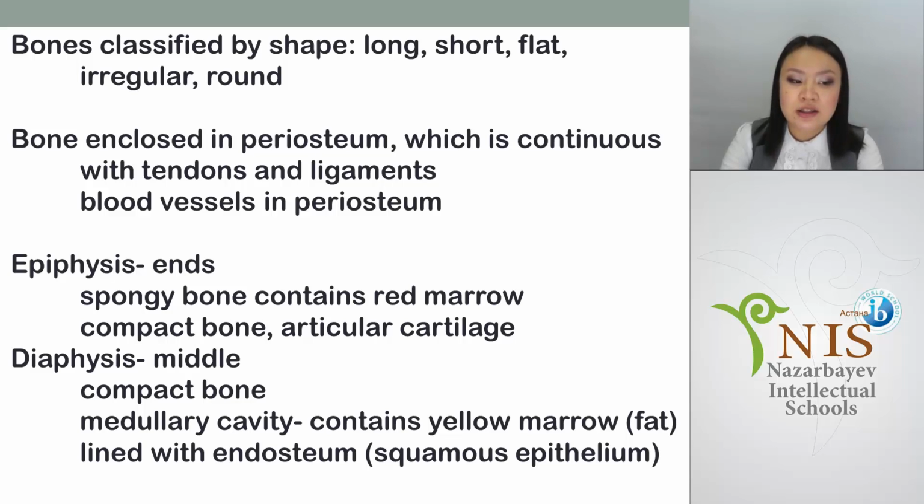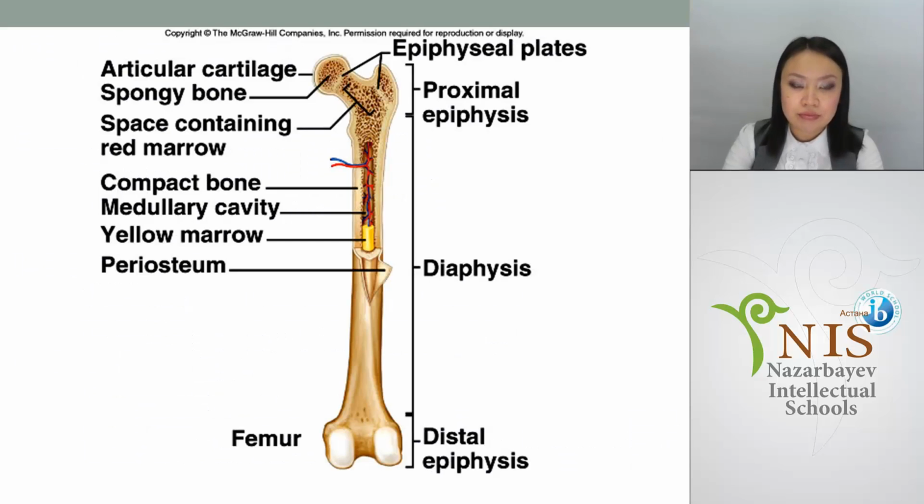We could divide long bones into two parts, epiphysis and diaphysis. Epiphysis, the ends: spongy bone contains red marrow, compact bone, articular cartilage. Diaphysis, the middle: compact bone, medullary cavity, contains yellow marrow, fat, and is lined with endosteum.